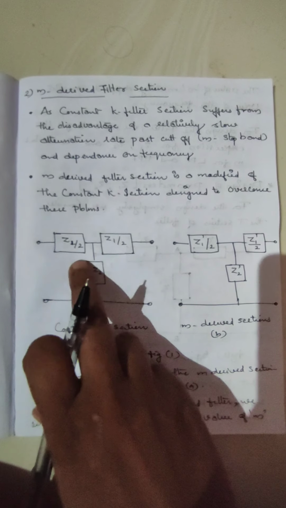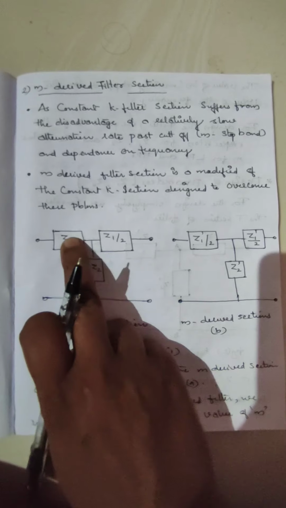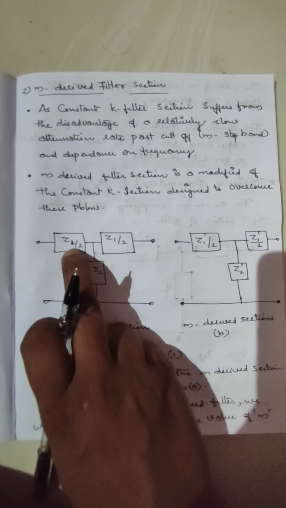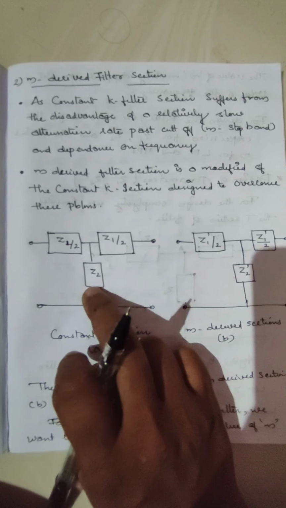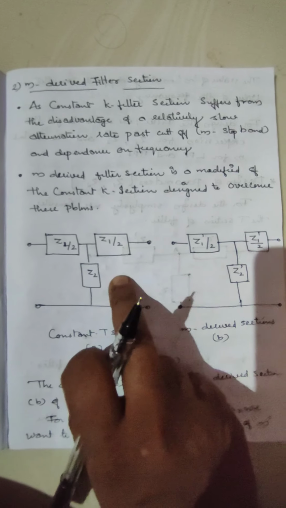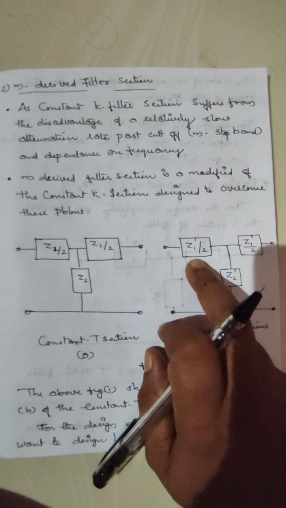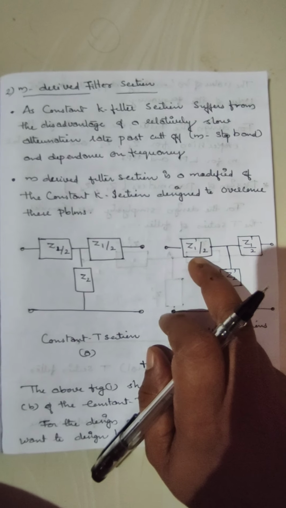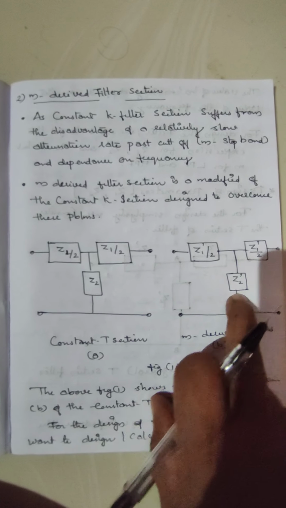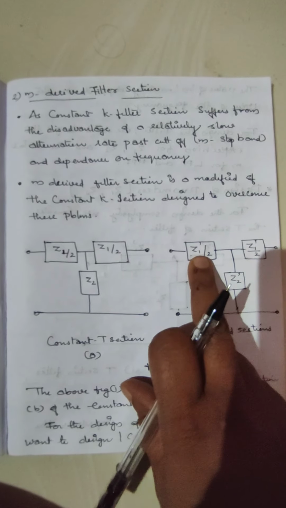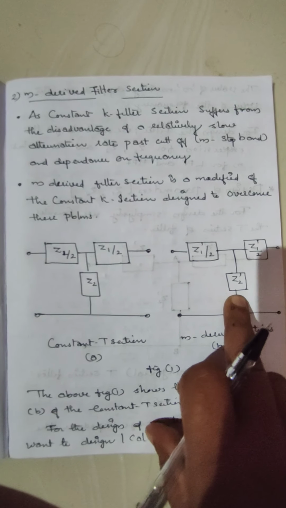If the constant k T section filter has series values z1 divided by 2 and the parallel component having the value z2, then whenever it is changed into the derived section, the series component is z1 dash by 2 and the parallel component becomes z2 dash.